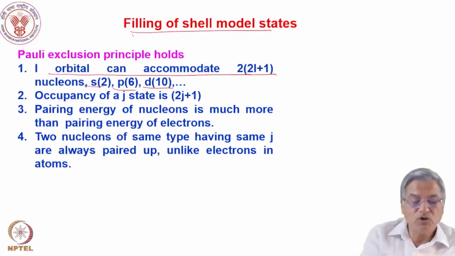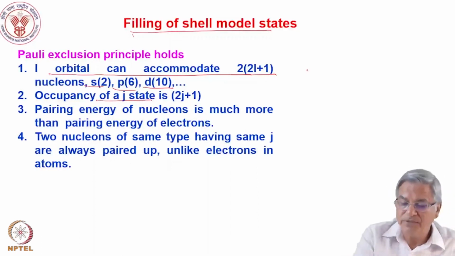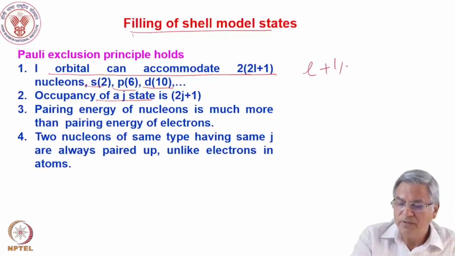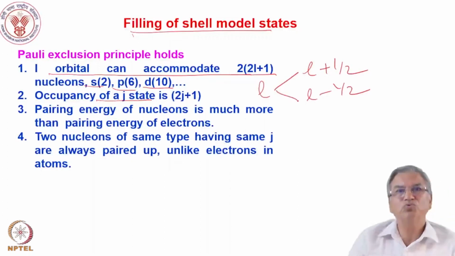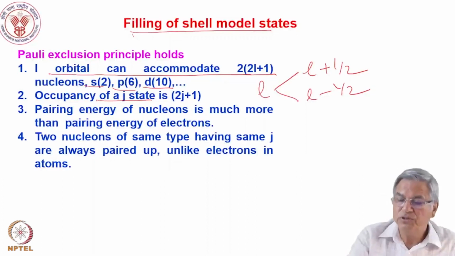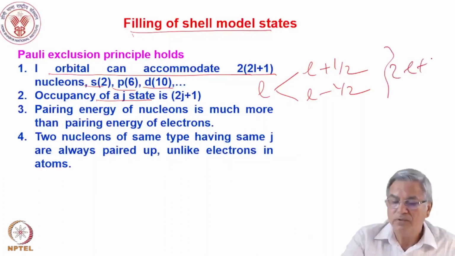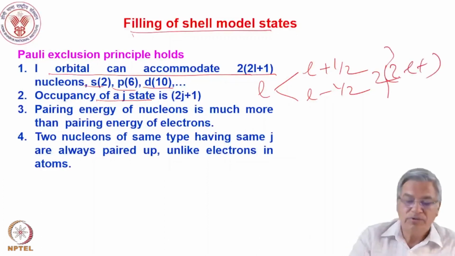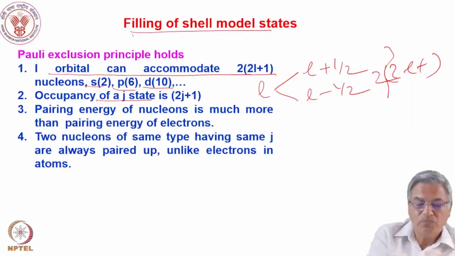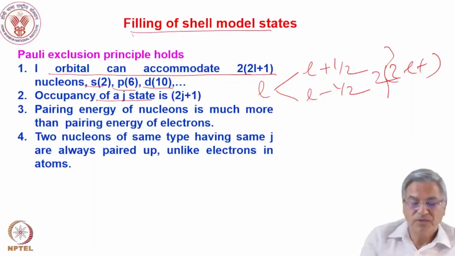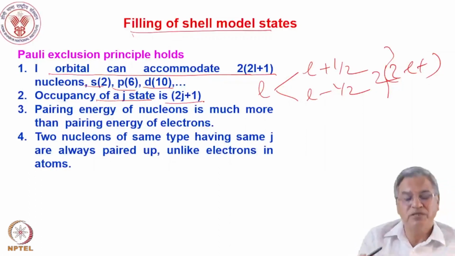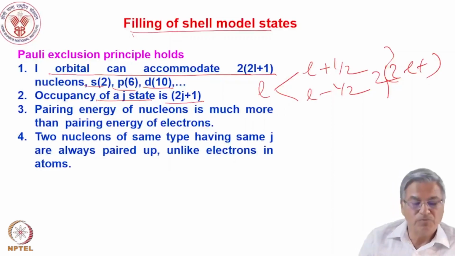Accordingly, because each L has split into two, the occupancy of a J state will be 2J plus 1. So for every J state you will see 2J plus 1 occupancy.